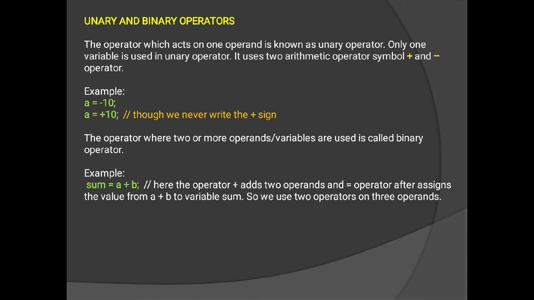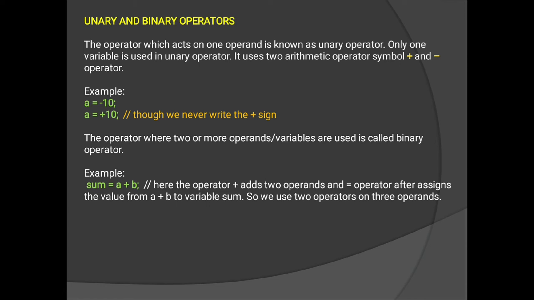That is simply like when you are assigning a value to a single variable, such as int a equals minus 10 or int a equals 10. Generally we know that if we write a equals 10, that 10 is a positive number, so we never write the plus symbol, right?